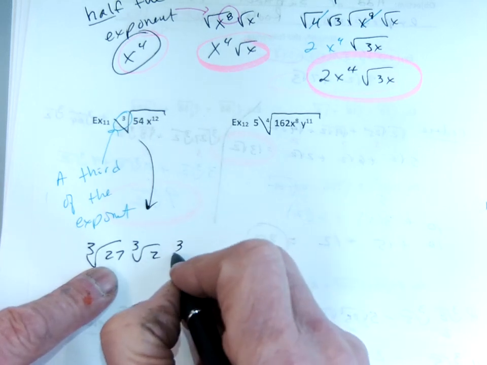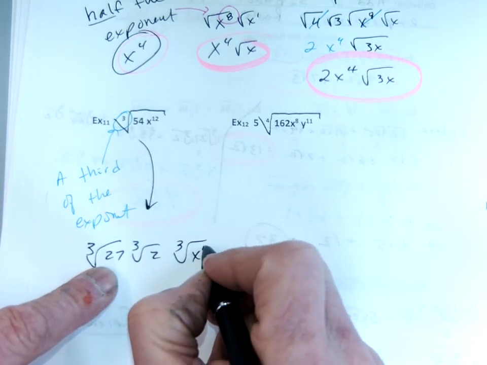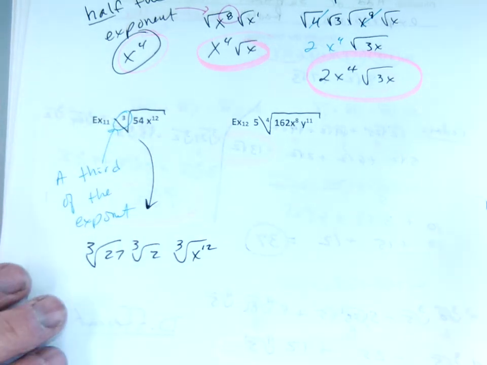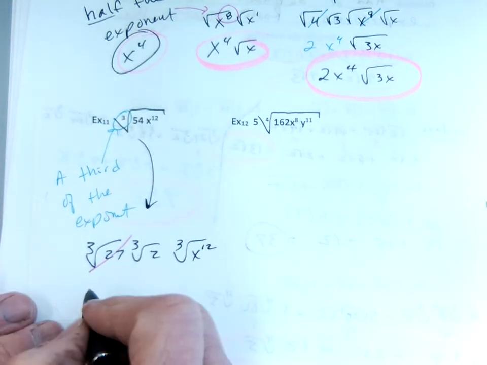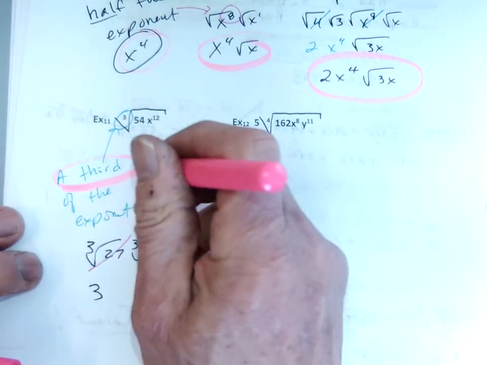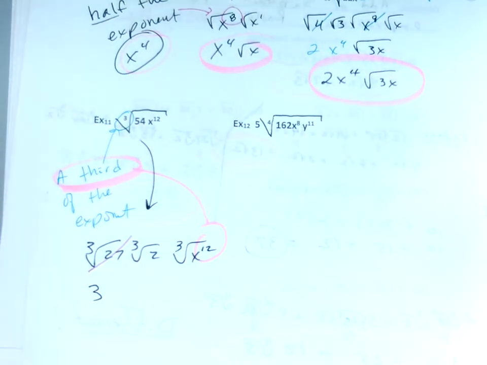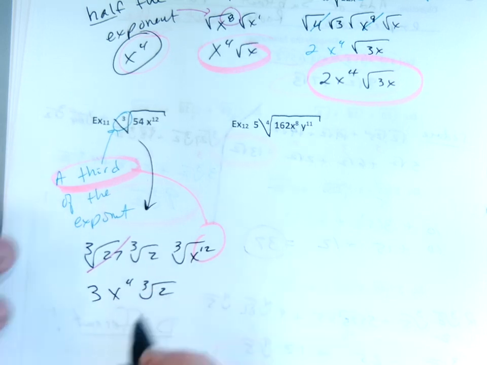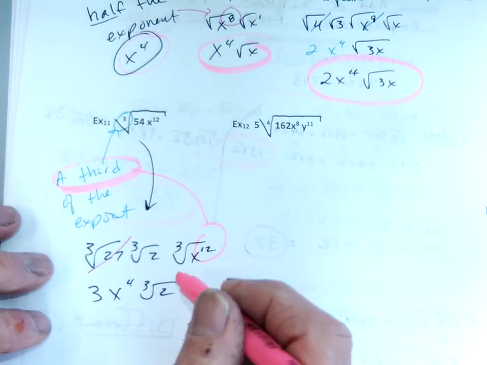And then I want to take a third of that. So first of all, 3. And then I'll take a third of that. I'll make it x to the 4th. And then cube root of 2. That's the answer. Simplified as much as it can be.